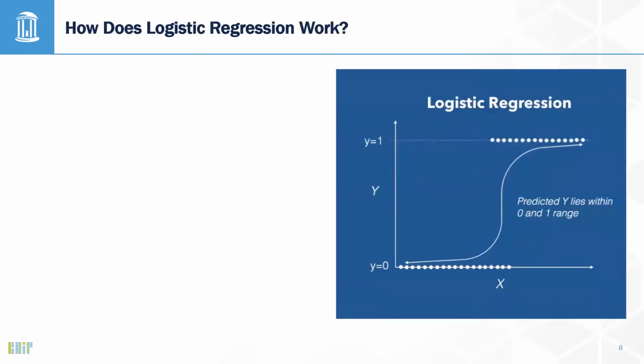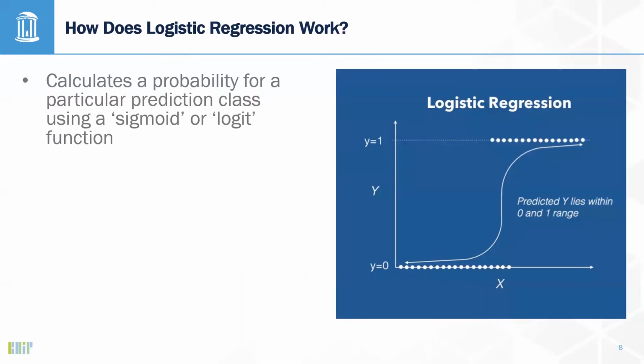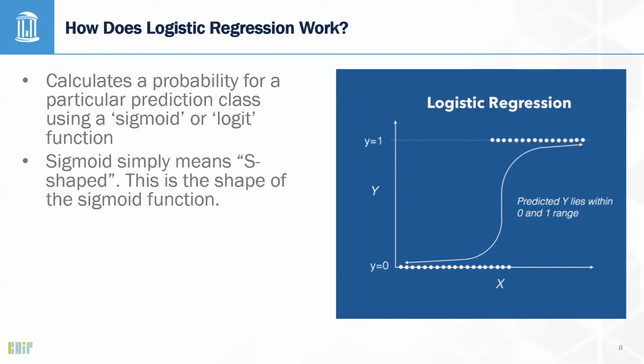So, how does logistic regression work? Well, as we covered, logistic regression makes a prediction out of a limited number of categories. How does it make this prediction? It does so through assigning probabilities for different possible sets of categories or predictions. Now, how does logistic regression arrive at these predictions? It does so through a sigmoid or logit function.